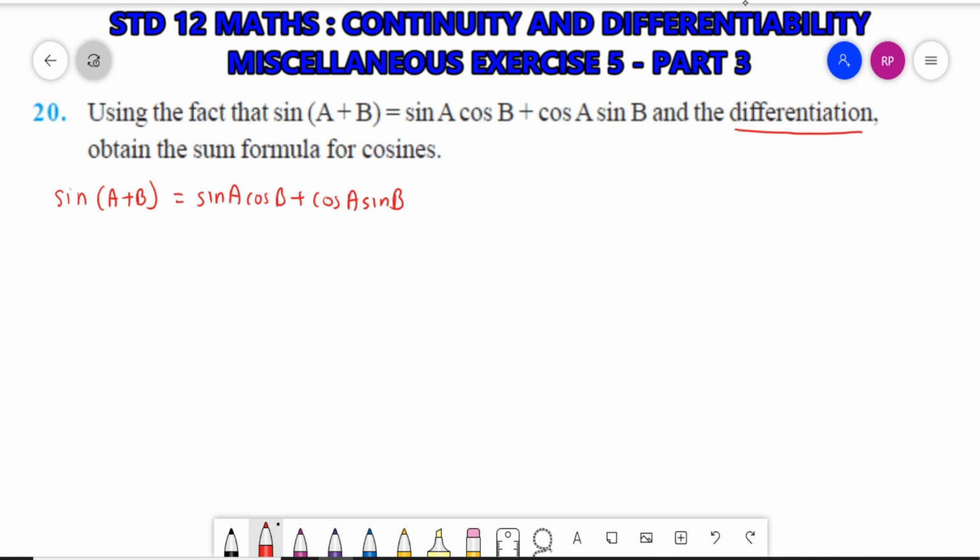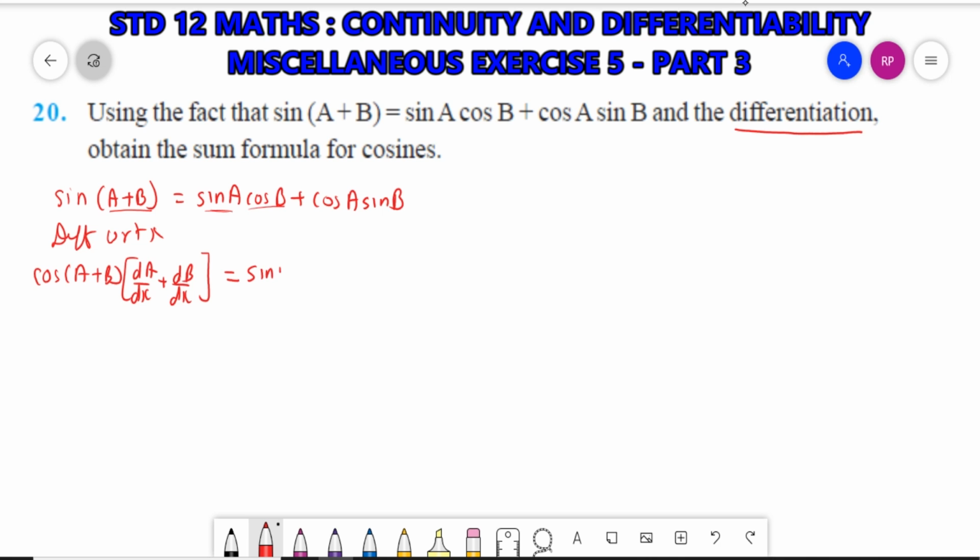So what I will do, differentiate with respect to x. So now derivative of sine is cos into d by dx of a plus b, dA by dx plus dB by dx, equal to, now sine a cos b I will use uv.